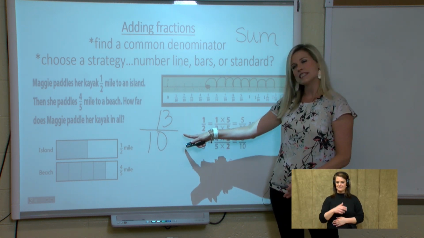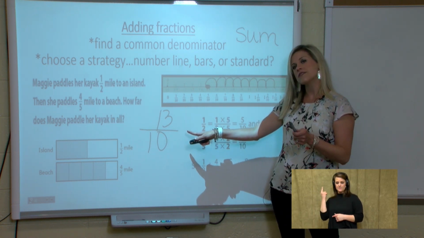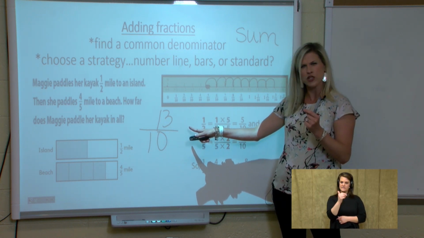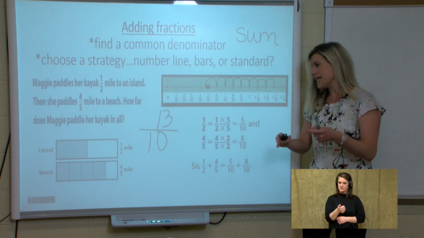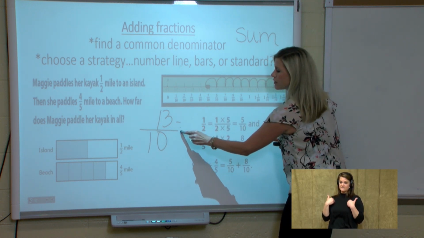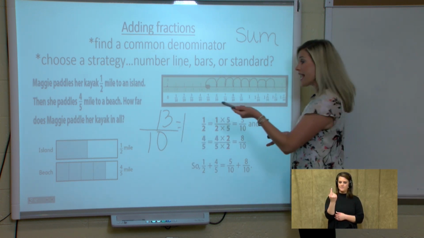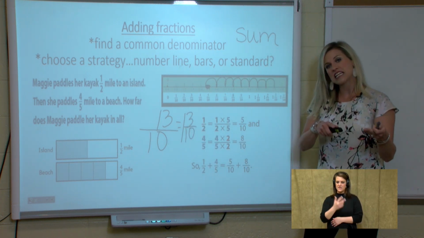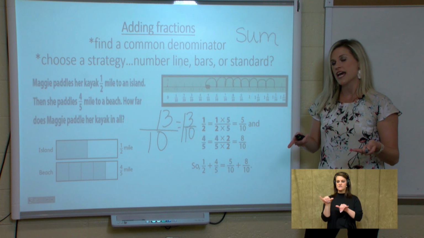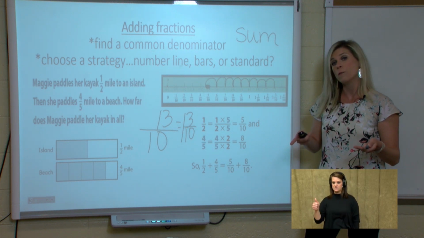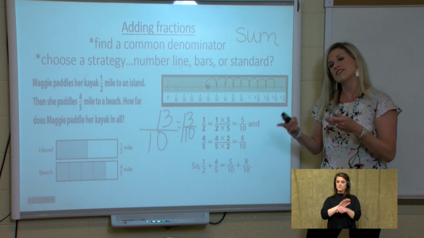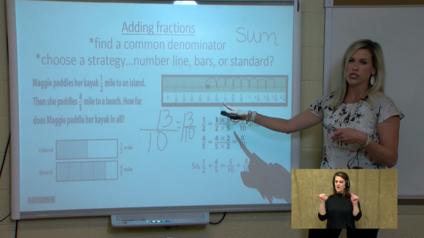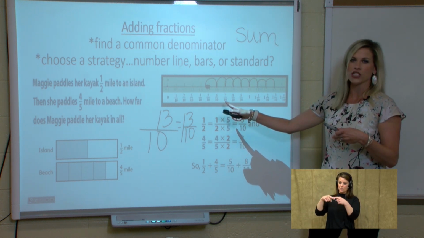And I can look at this and I can say, you know what? 10/10 is 1 whole. I've got 13 of them. I've got 13/10. So really, I have 1 whole and 3/10. So 13/10 is the same thing as 1 3/10. 1 whole, because 1 whole is 10/10, and then 3 more tenths. So number lines are really great to use when you're adding and subtracting fractions.